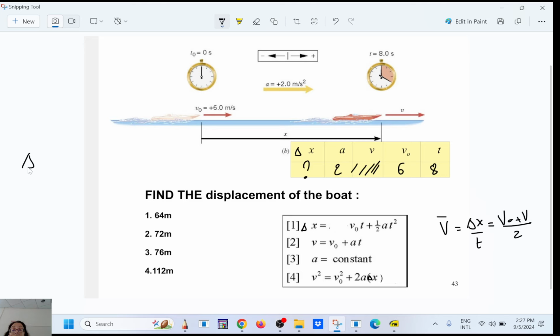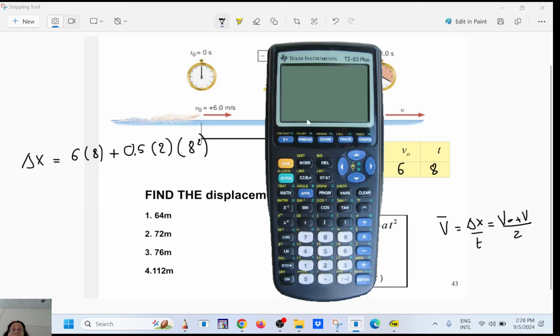Okay, so delta x equals initial velocity 6 times the time elapsed 8, plus, instead of putting 1/2, you put 0.5 because it's easier with the TI, times acceleration times the time squared. That way, with the TI, you do it in one shot.